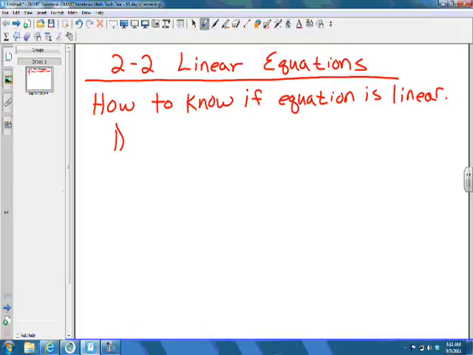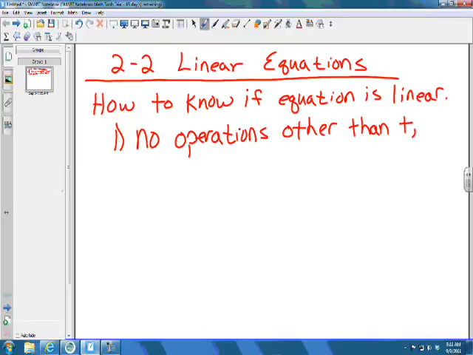Number one, it says a linear equation has no operation other than addition, subtraction, and multiplication of a variable. That means you can't be dividing by a variable.